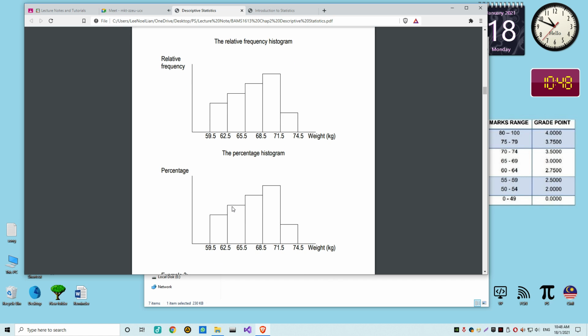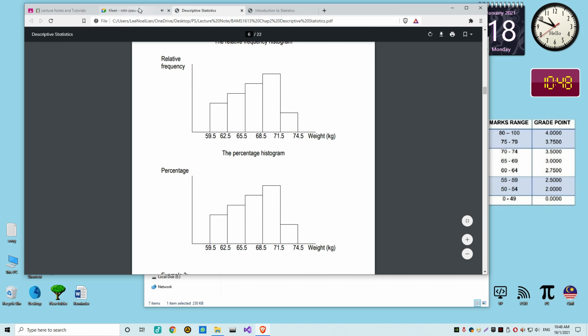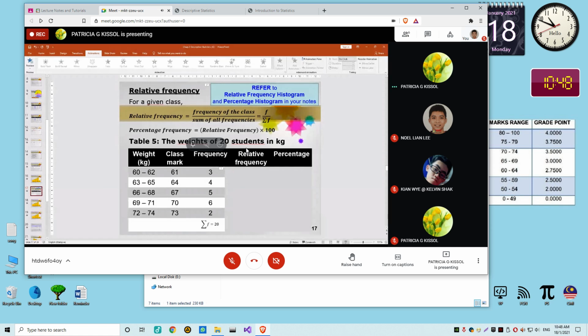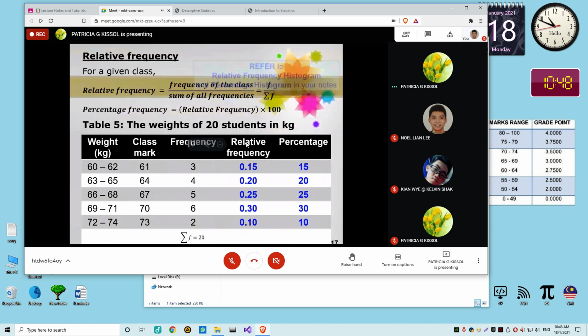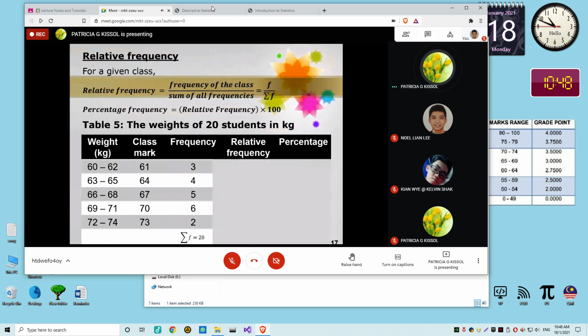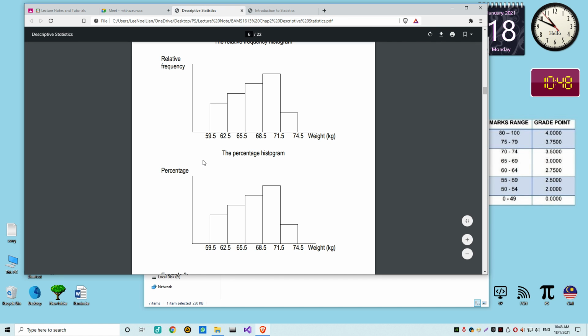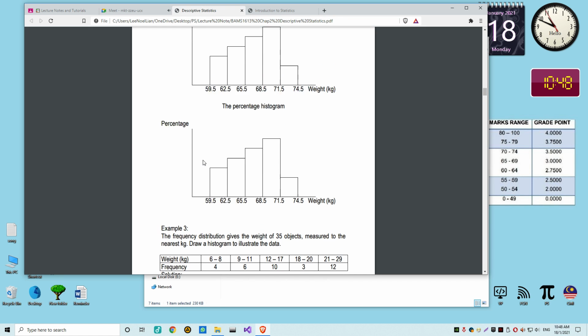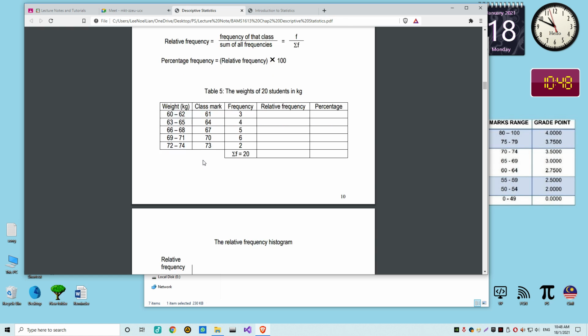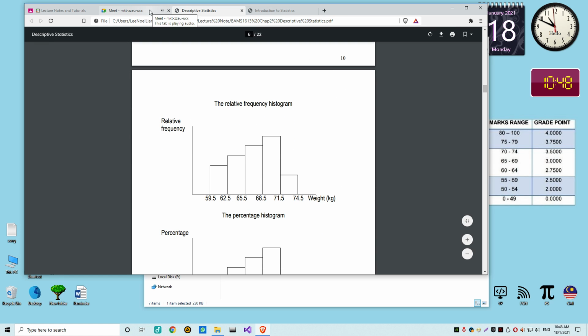And basically, when you look at it, let me go back to my slides. It's the same as this representation. It's just that the x-axis is still the same, but the y-axis will be different.